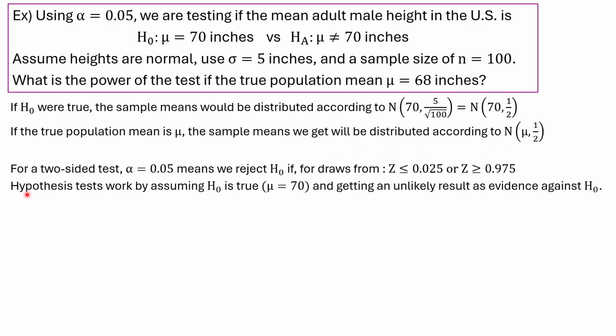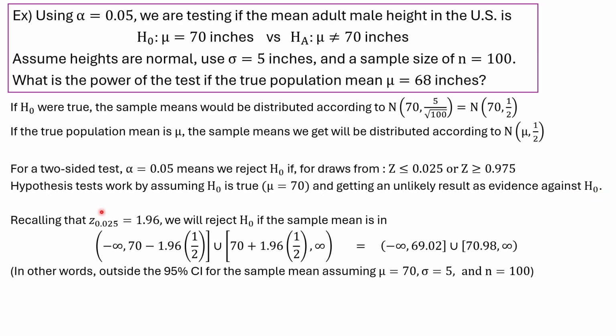Now remember, hypothesis tests work by assuming the null hypothesis is true, which in this case means assuming mu is really 70, and then getting an unlikely result as evidence against that. So we'll get sort of a contradiction. Recalling that z of 0.975 is 1.96, there is a z-score of 1.96 that has 2.5% of area above it under the standard normal curve.